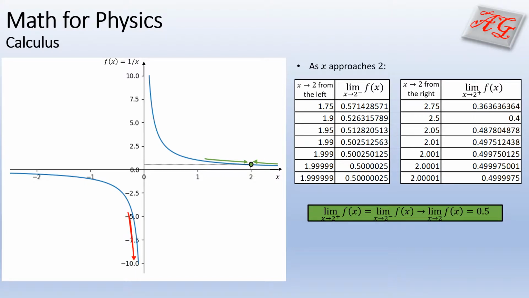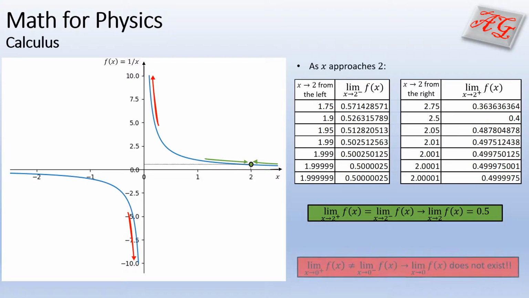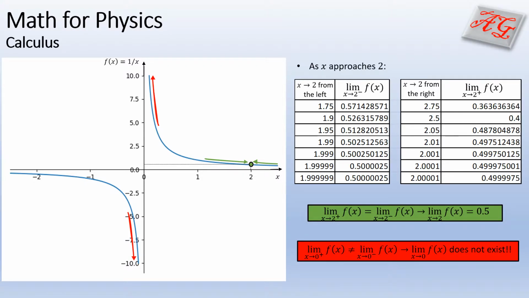However, if you take the limit as x tends to 0, you find that from the left, the function approaches a very, very big negative number, or negative infinity. And as x approaches 0 from the right, the function approaches a very, very big positive number, or positive infinity. In this case, the limit does not exist.